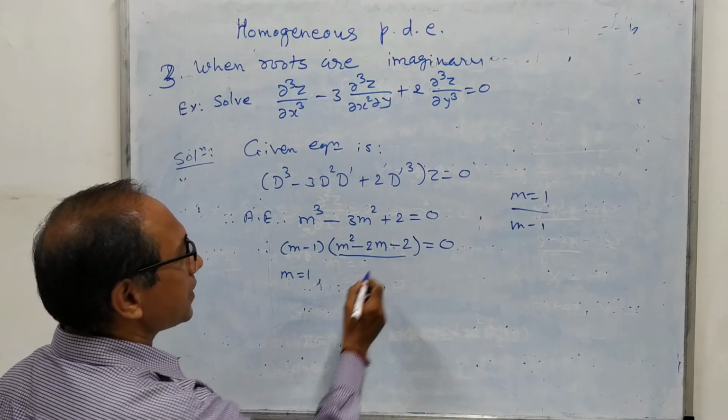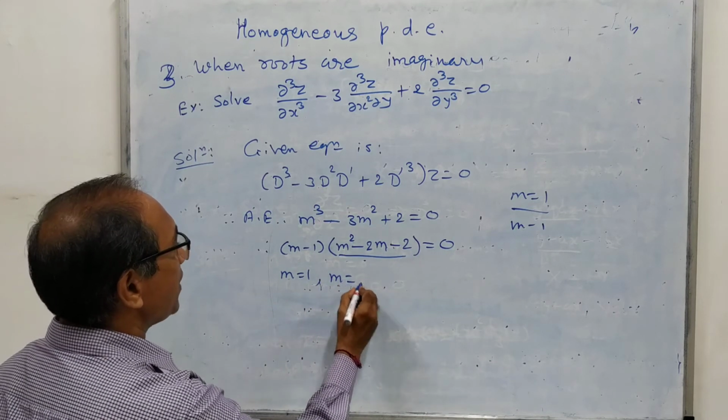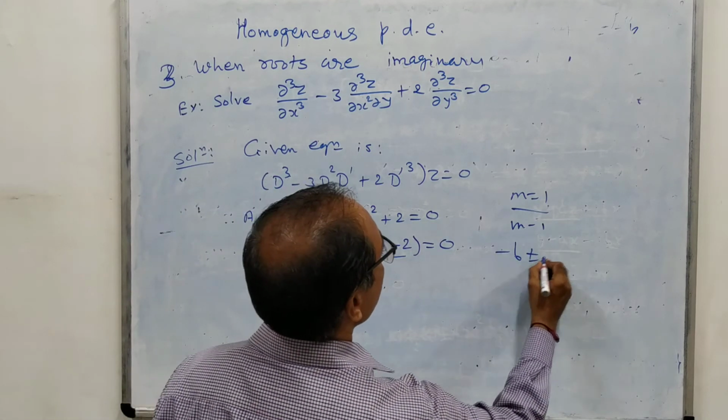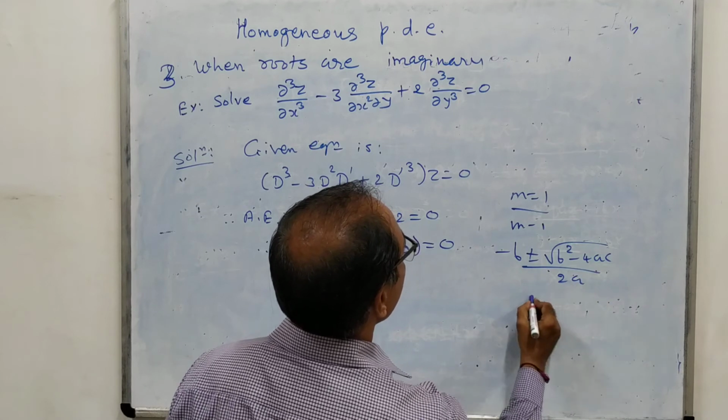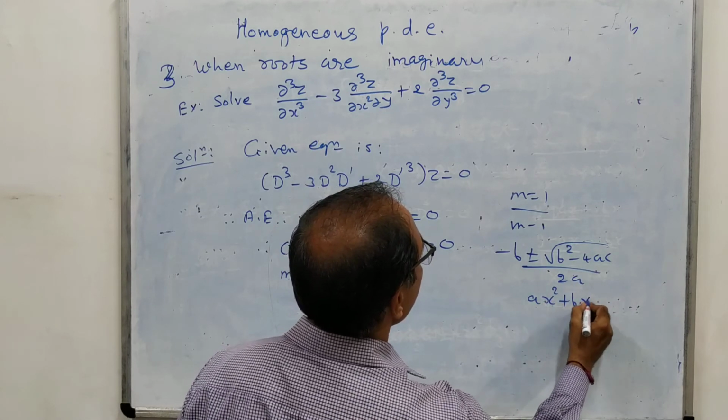We cannot factorize this directly, so we will use the formula (−b ± √(b² − 4ac)) / 2a, which is for ax² + bx + c.